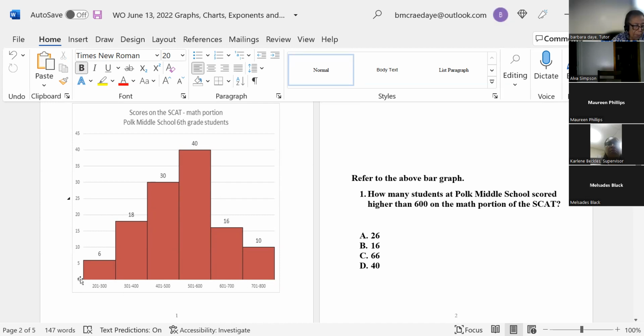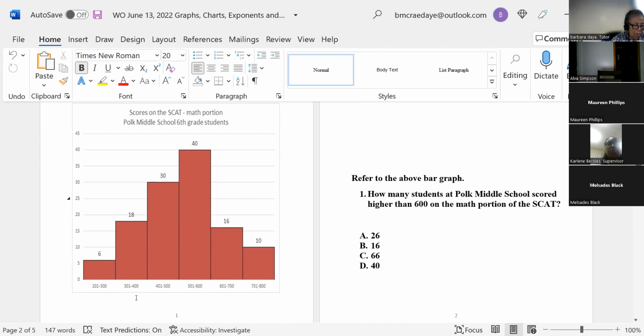These are ranges. 201 to 300, that's a range. 501 to 600 is a range. 701 to 800 is a range.